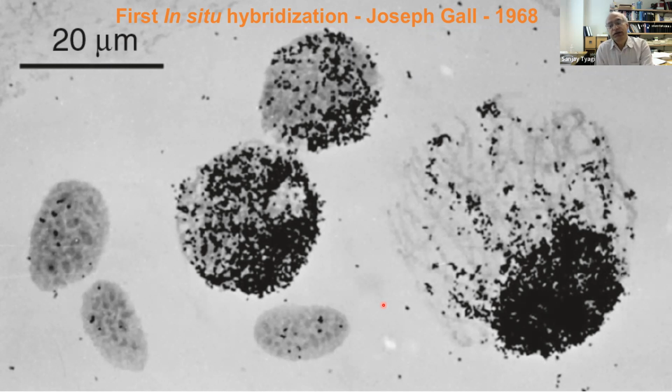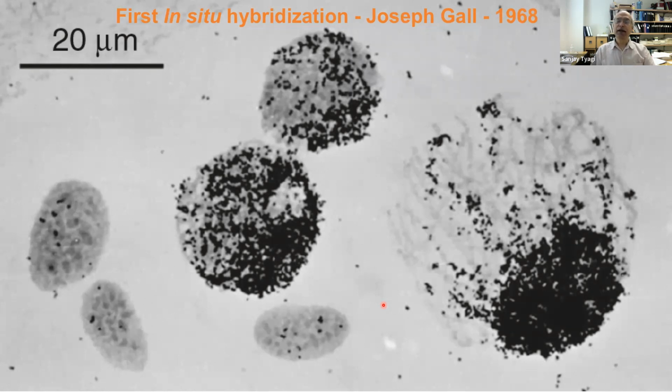He used this labeled RNA to hybridize to fresh oocytes, and the idea was to see where the genes for ribosomal RNAs were in the 3 dimensions of the frog egg.